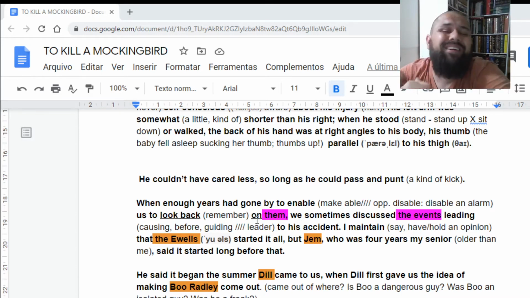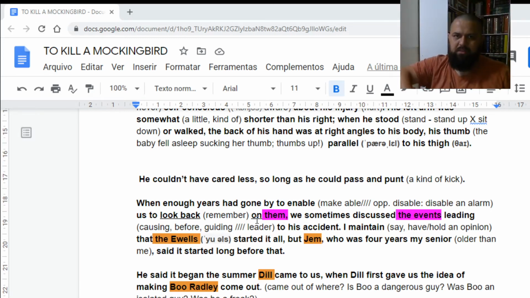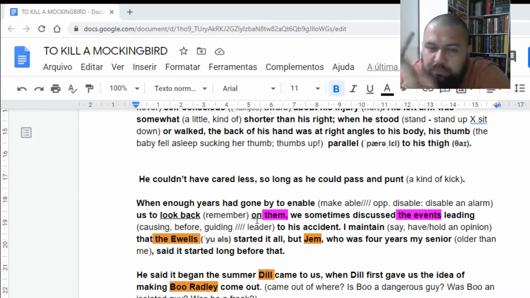So he couldn't care less so long as he could pass and punt. Remember, when you punt, you hold the ball with your hands, you drop the ball, and before the ball hits the ground, you kick it, okay? Apparently, it's something important in football, not soccer, American football.